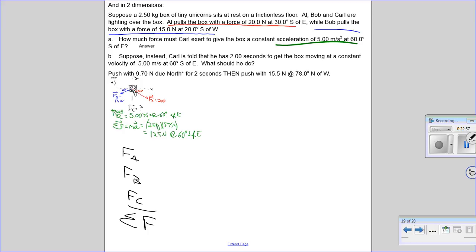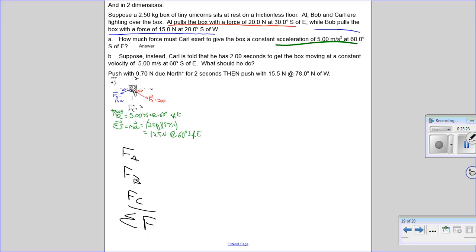So what I'm going to do is take each of those vectors and write them in unit vector notation instead of magnitude-direction notation.